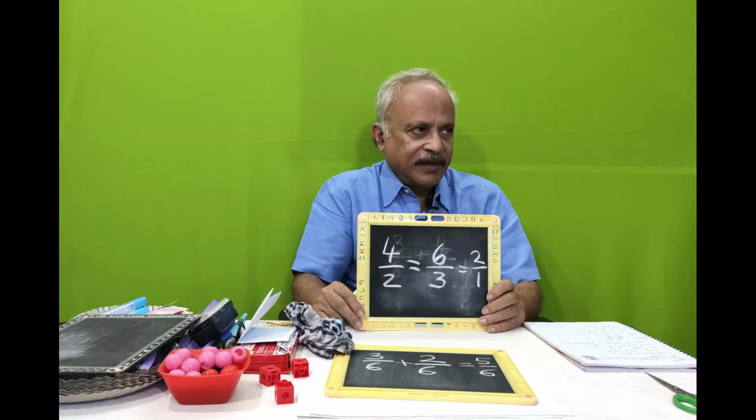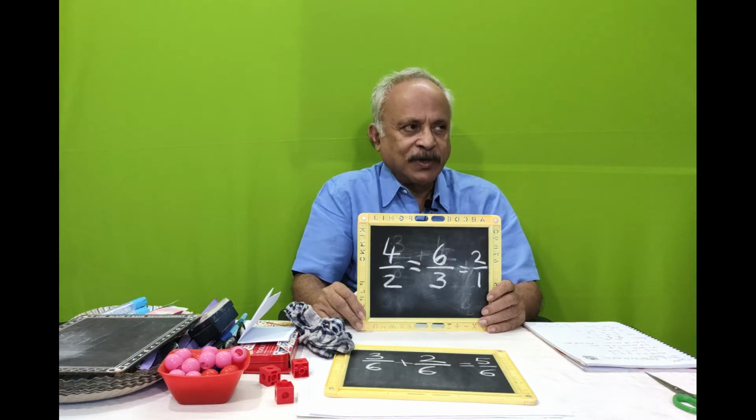Remember, we have done this exercise in a previous session? Yes. Okay. Now I am going to give you some problems just to revise what we have done in the previous session and get ready for the next part of addition.